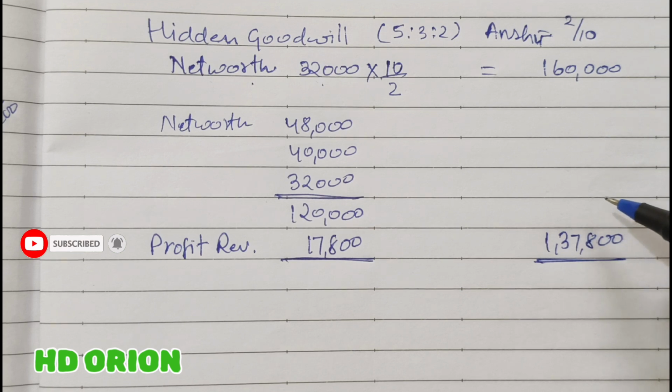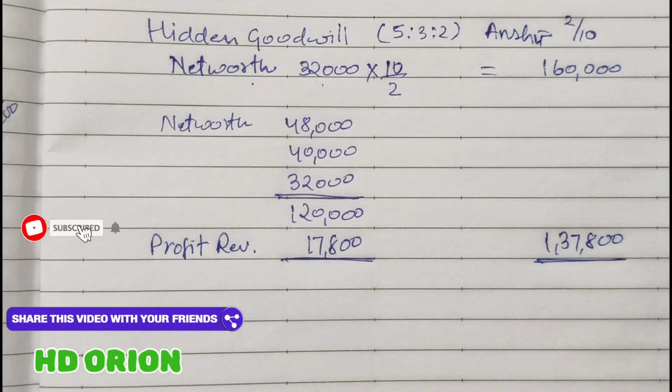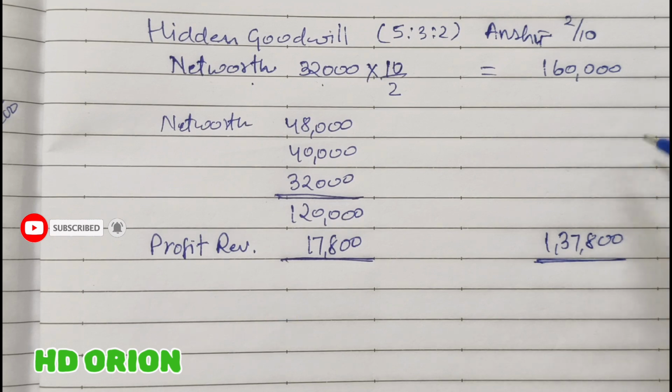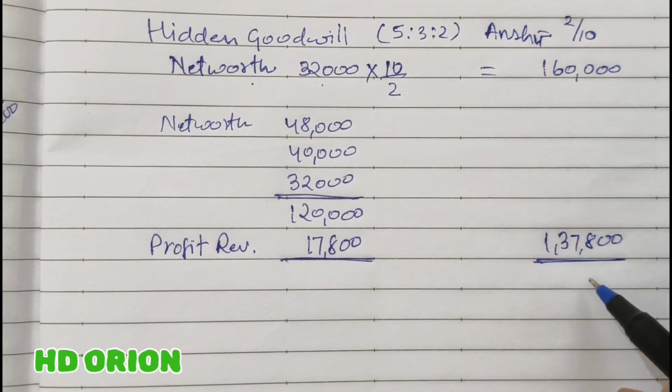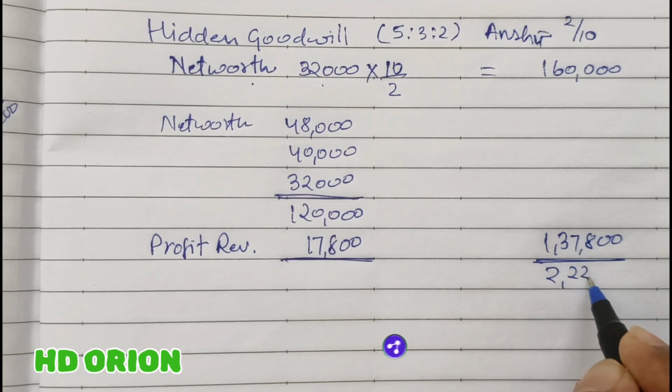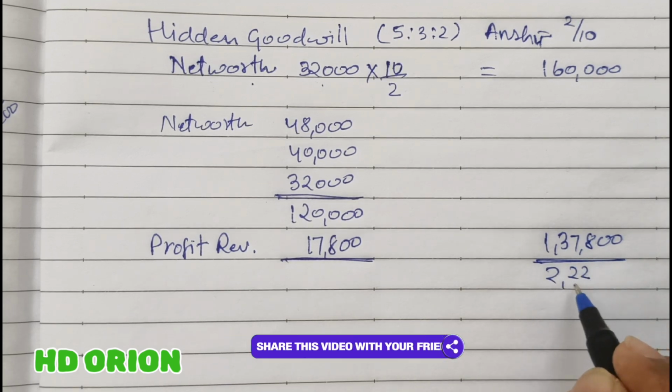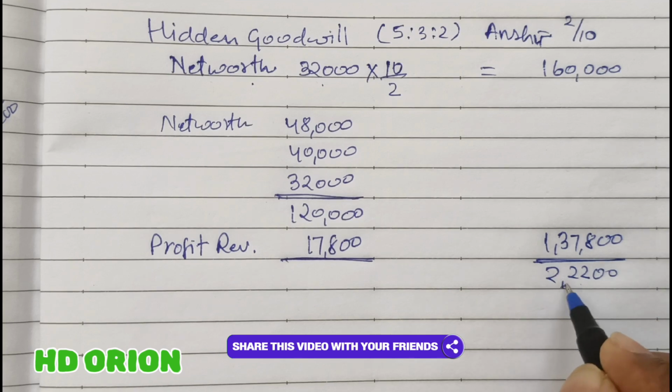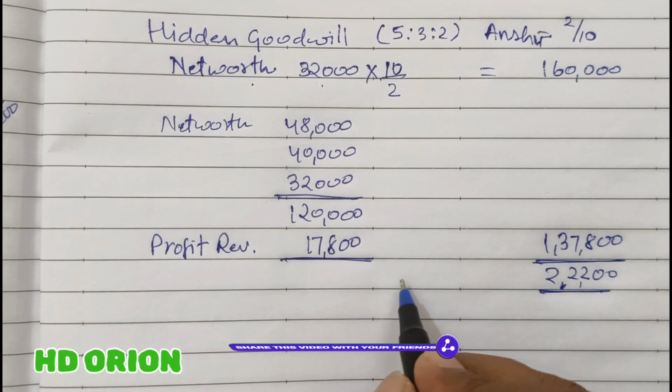We have already learned calculation of hidden goodwill in the previous chapter, so you can refer to the previous videos for this, but the logic and the concept is here itself. When you subtract it, you get an amount 22,200. Sorry, not 2,22,000, 22,200. This is hidden goodwill.